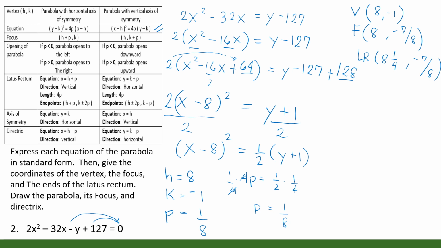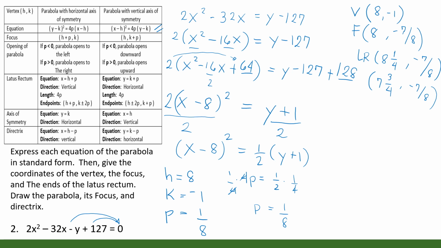So this is our first coordinate. And the next coordinate is h minus 2p. So that is 8 minus 1/4, it's 7 3/4. So we have 7 3/4 and negative 7/8. These are the ends of the latus rectum.